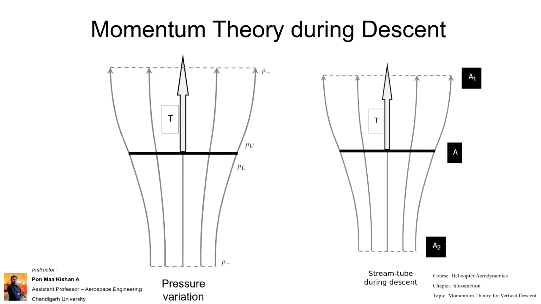A1 is taken with respect to the outlet, A is taken with respect to the rotor, and A2 is taken with respect to the bottom, that is, in this descent condition.